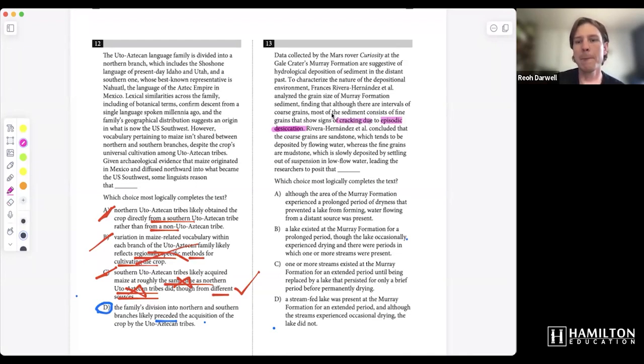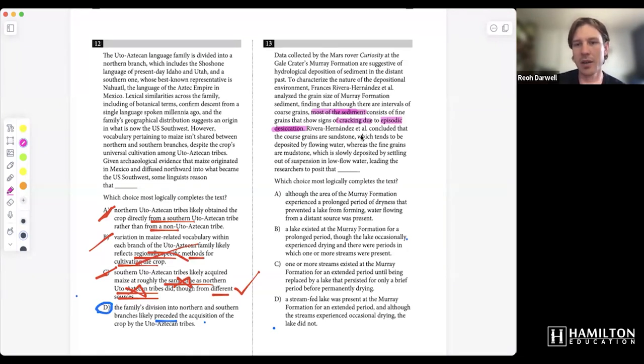Now, that is most of the sediment. So most of the sediment looks like it is cracked, episodically desiccated sand-like material, mud, we see later. And then there are some intervals of coarse grains. So what does this mean?